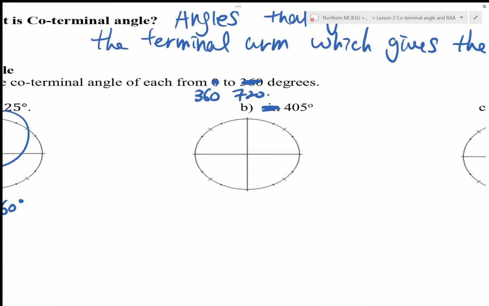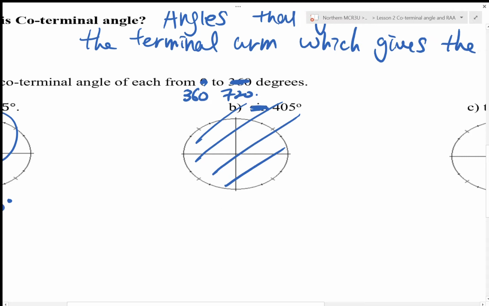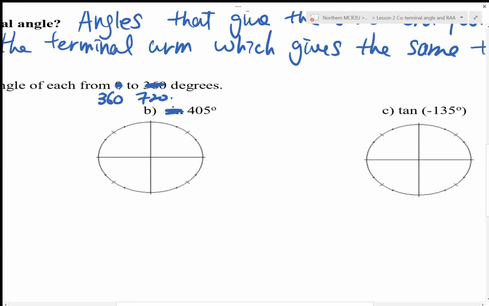So this one, I'm going to just ignore, and I'd rather just do this one from 0 to 360. So 405 means that after a full rotation we have to go 45 more degrees, right? So this is 45 more degrees.